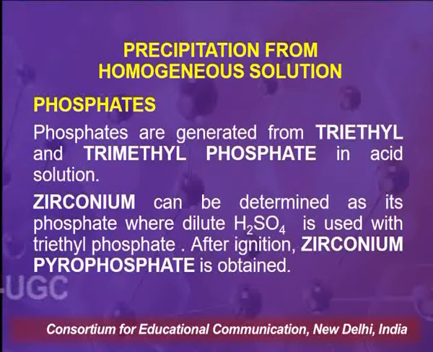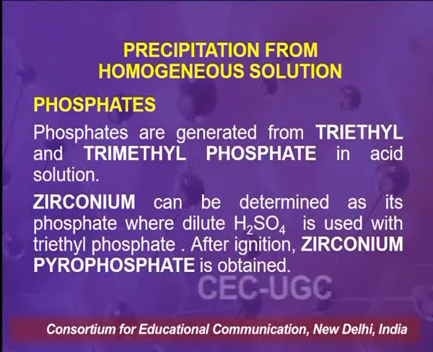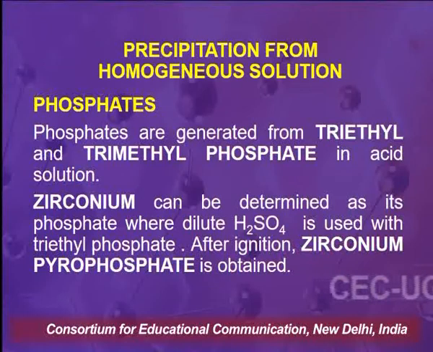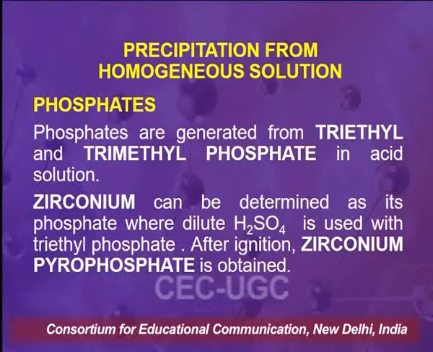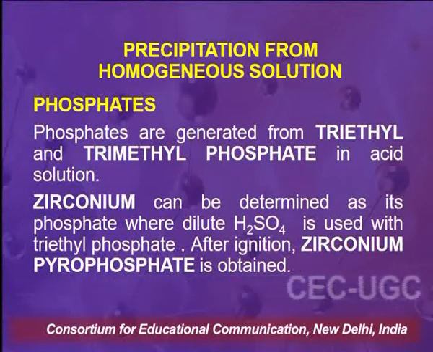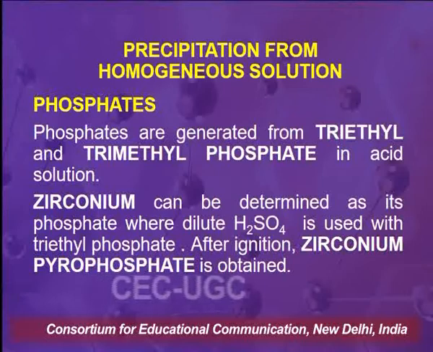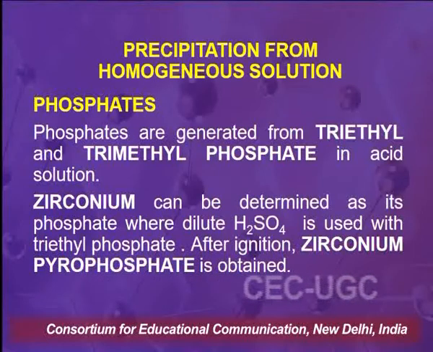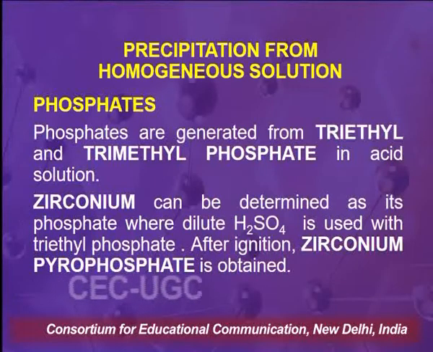After ignition, zirconium pyrophosphate is obtained, which can be weighed to give the exact amount of zirconium ions present in the solution. The ignition is carried out in this case because the precipitate contains certain water molecules which need to be removed.